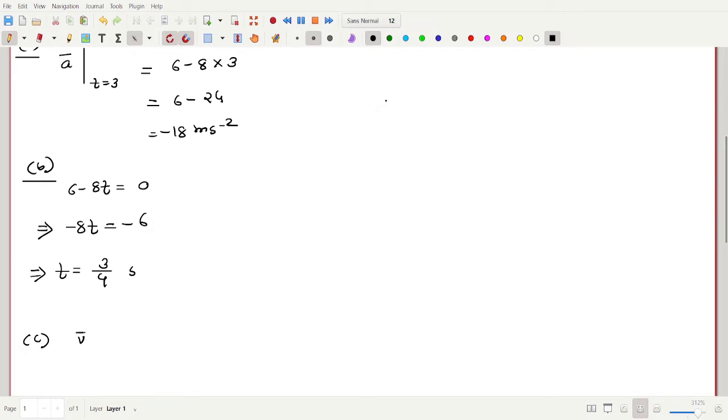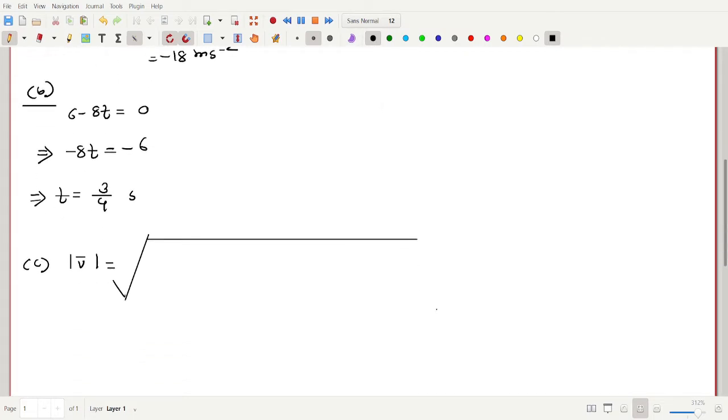So speed will be given by the root over the sum of the squares of the components of the velocity. So (60 minus 4t square) whole square plus 8 square. So we have 36t square minus 2 into 6 into 4, 2 into 6 is 12, 12 into 4 is 48, t cube, plus 16 t to the power 4 plus 64.